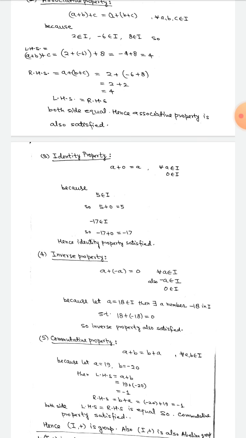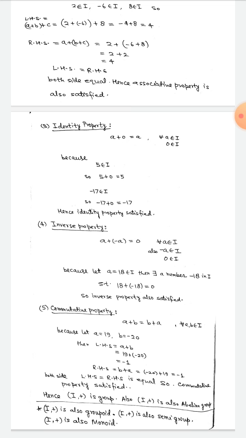Now consider any number, a equal to 18 in our PDF. Then there exists a number minus 18 in the set of integers such that the sum 18 plus minus 18 is equal to 0. So the inverse of 18 is minus 18. Hence our inverse property is satisfied.